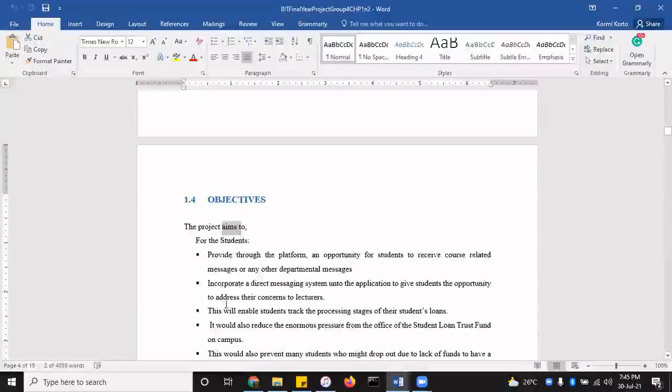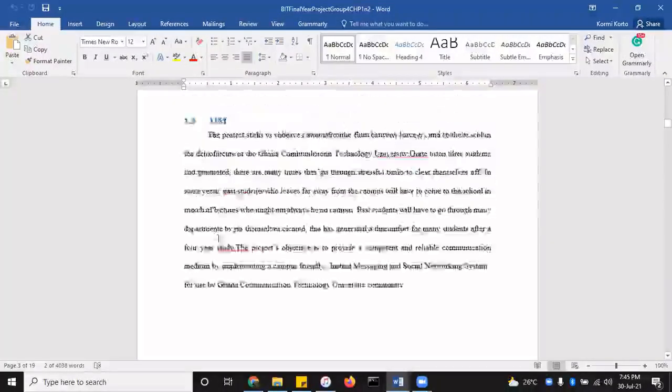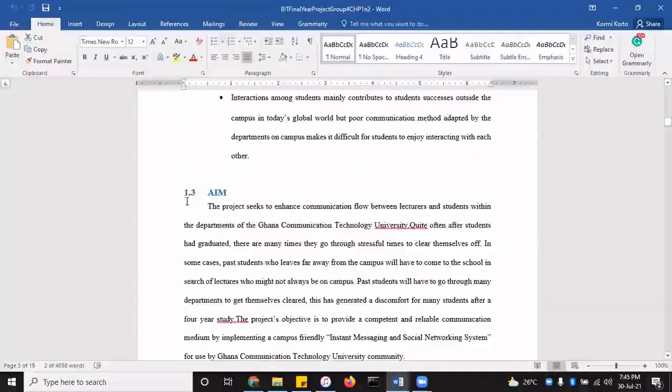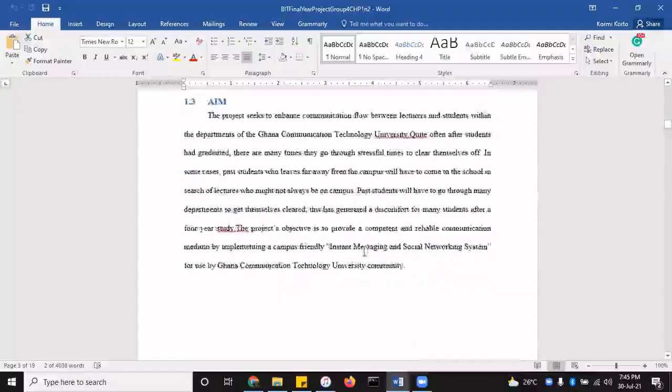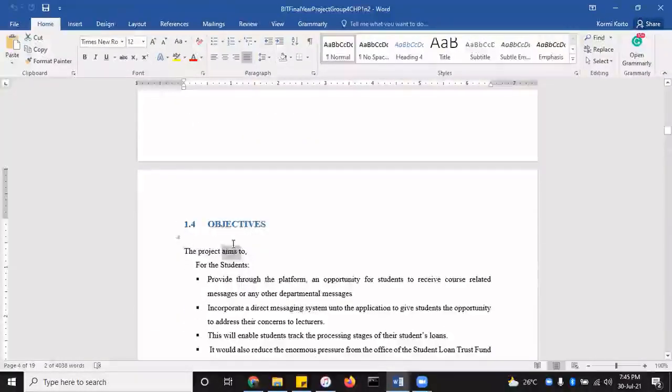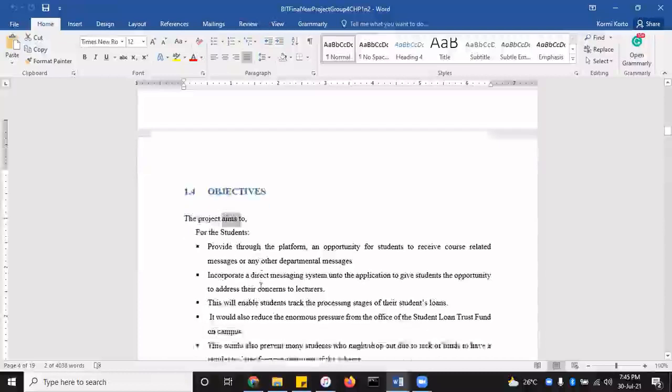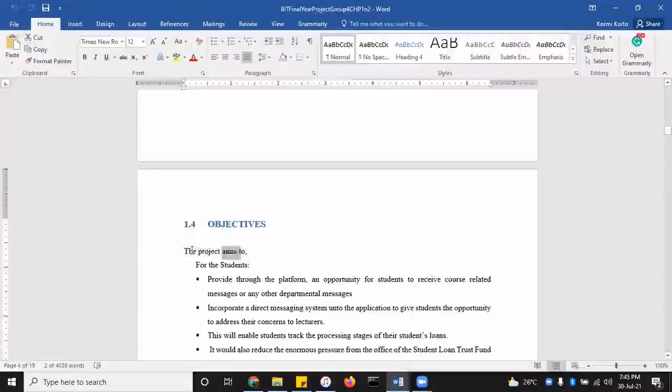Objectives are supposed to be the actionable processes that you want to undertake to address the aim, which is to build or develop or design. There's no need to talk about aims anymore. Are we catching on, guys?